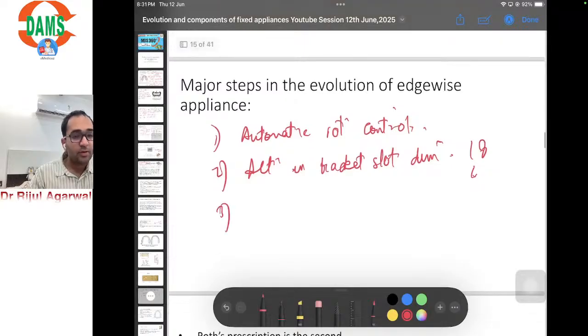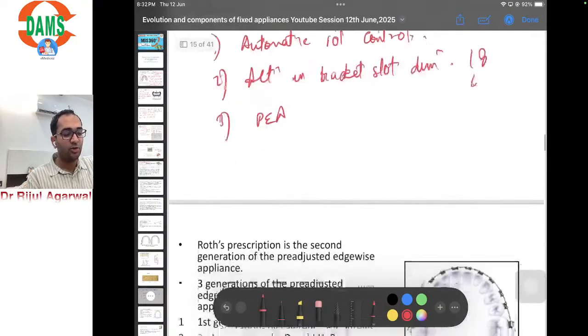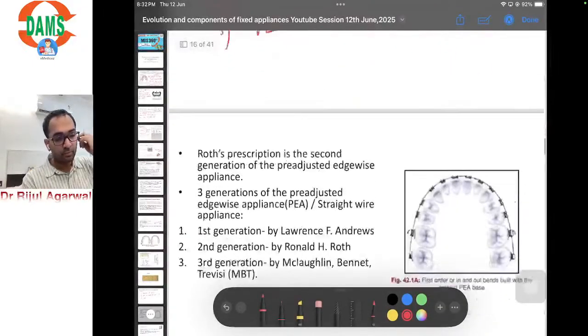Next, the evolution which I just showed you, the evolution of the pre-adjusted edgewise appliance. It eliminated the need for placing bends in the arch wire. So by varying the design of the bracket, the need for placing bends in the arch wire was eliminated.